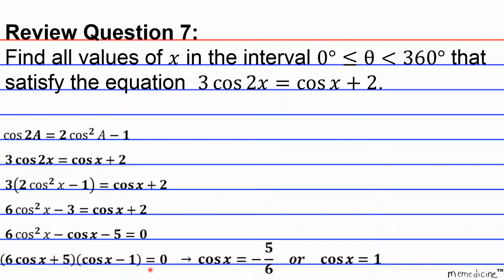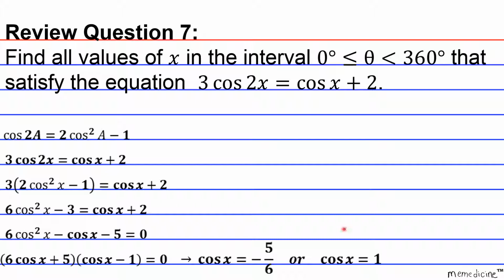When we set the first term equal to 0, we subtract 5 from the left-hand side and then divide by 6 on both sides to get negative 5 over 6. And when we set the second term equivalent to 0, we add 1 on the left-hand side and add it on the right to get cosine of x is equivalent to 1.